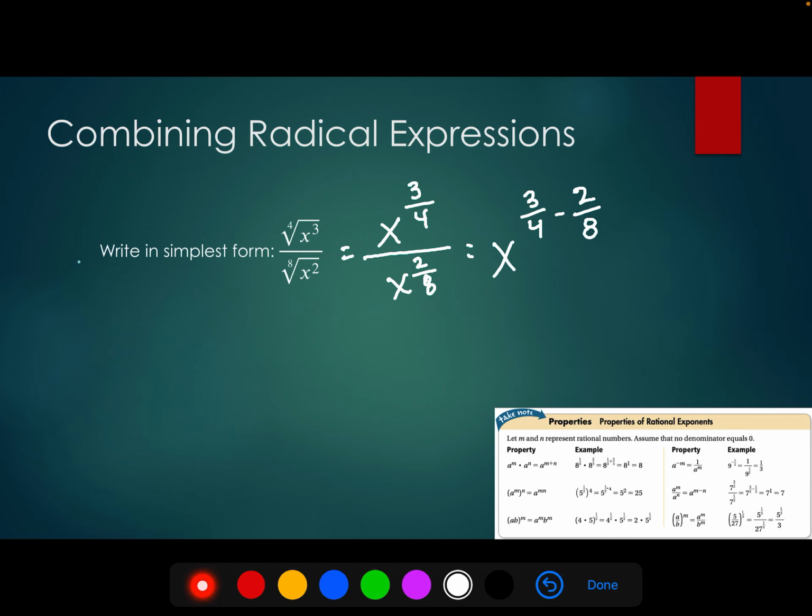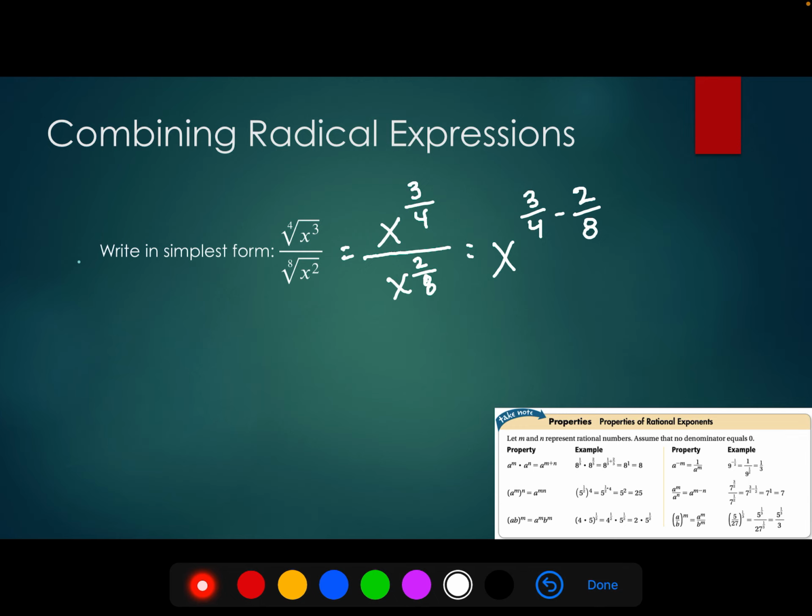2/8. And now from here, we just have to simplify, actually subtract out that 3/4 minus 2/8. If we do that, we have to find the common denominator, which is going to be 8 here.